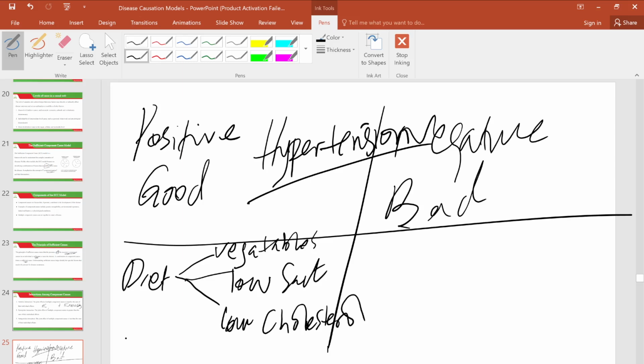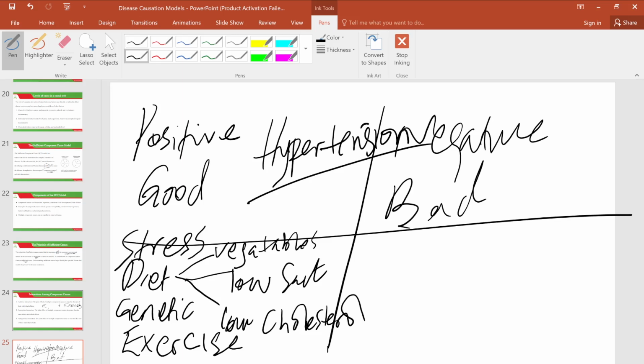You're also exercising, you live an active lifestyle, you don't have a genetic predisposition, and you don't have stress. Now on this side, stress is too much, your diet is poor, and you have genetic predisposition.